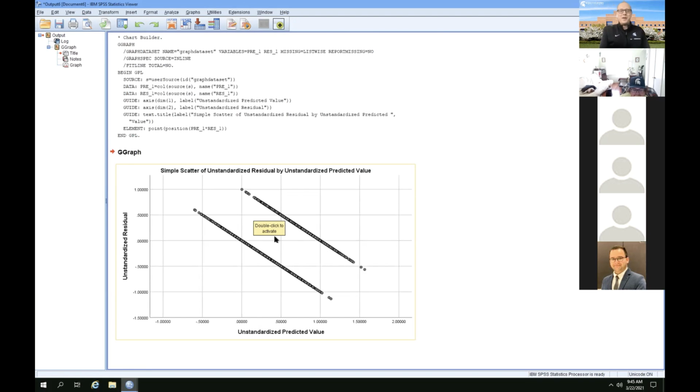If we go to the independence, we have a major problem here, though, obviously, because these are not a shotgun blast by any form or fashion. They're consistently decreasing as our predicted values get larger. And so the fundamental question from our perspective is, why is this happening? Thoughts?